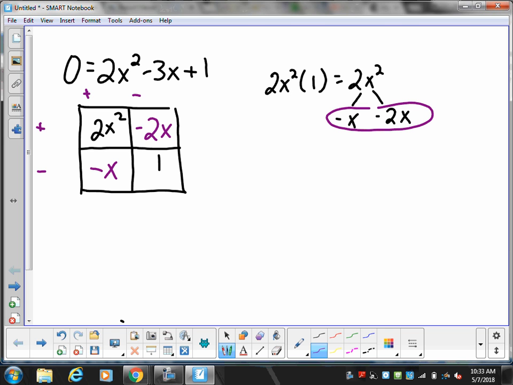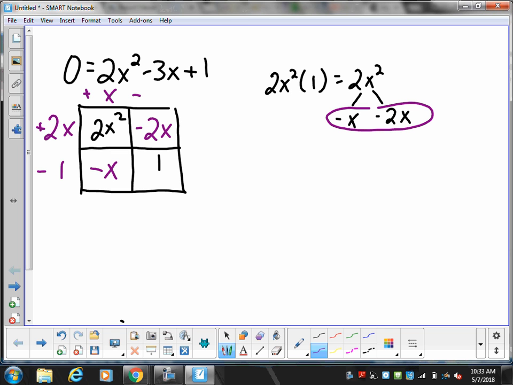All right, so what do these two have in common? What does x and 1 have in common? Real simple, 1. Okay, what does 2x squared and negative 2x have in common? 2 and x. That's the largest factor there. Looking in this first column, they both have an x in common.